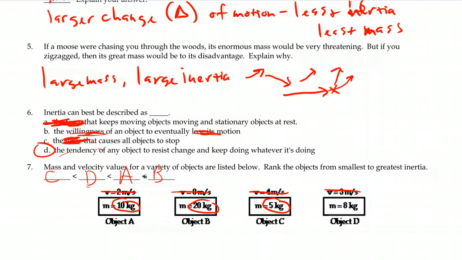Whereas a small motorcycle can change its state of motion very quickly and can go from a very slow speed to a very high speed in a short period of time. Okay, so that's the property of matter that we call inertia. Again, it's based on the mass, and it is the tendency to resist changes of motion.